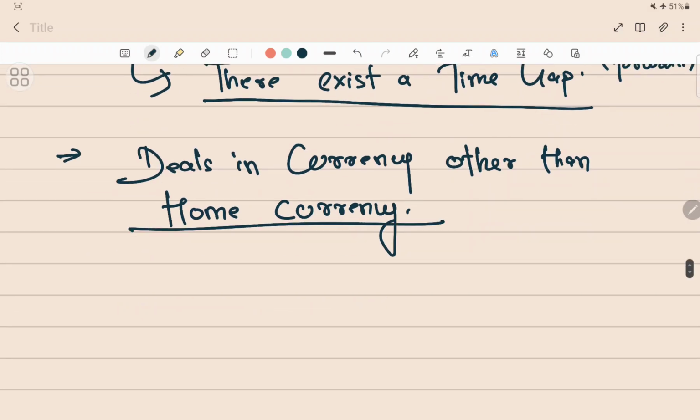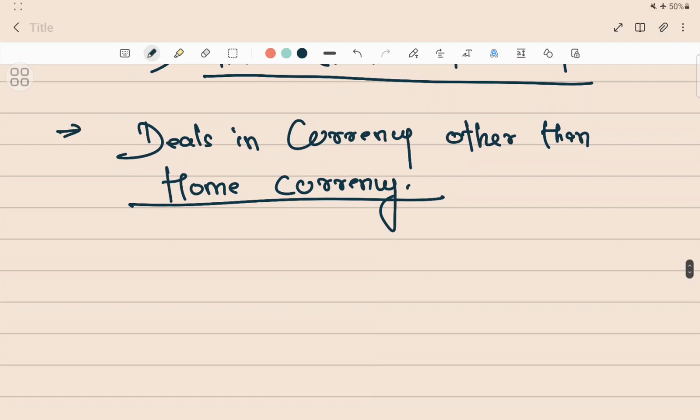This is quite self-explanatory, because if you deal in home currency, there is no exposure and no foreign exchange coming into being. If the rupee is your currency and you are dealing in rupees, there is no question of foreign exchange gain or loss, because no other currency is involved. But if you are an Indian dealing in dollars, then dollar fluctuation, a dollar discount or a dollar premium will affect the rupee final settlement, be it receipt or payment.